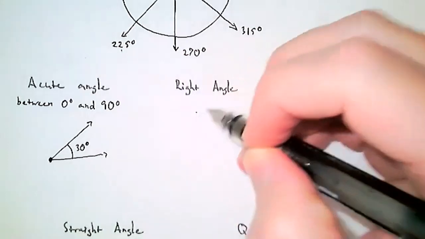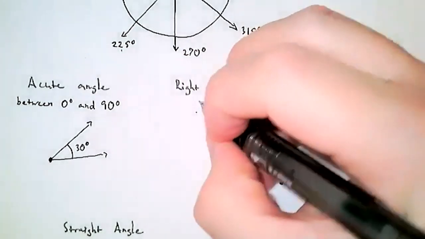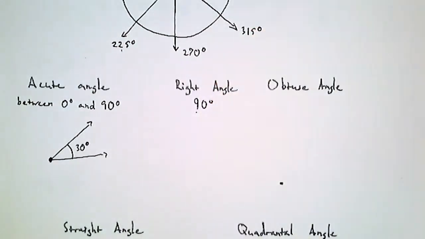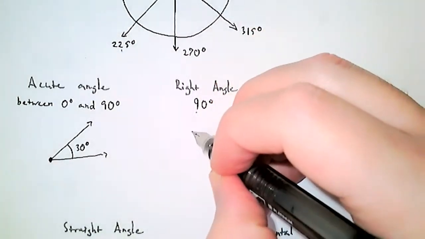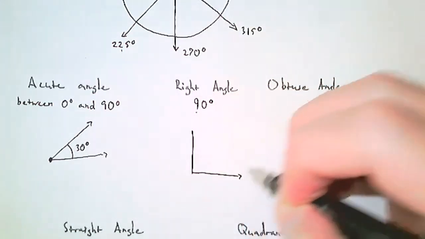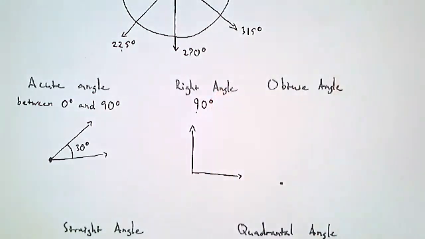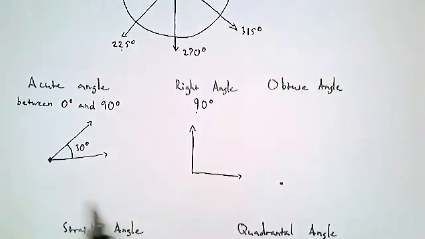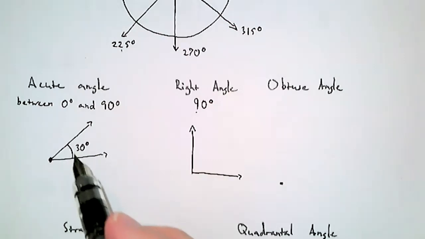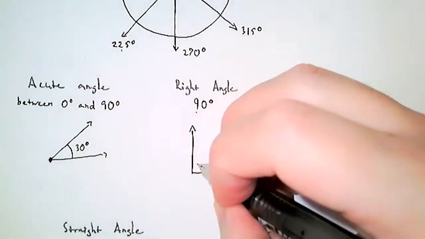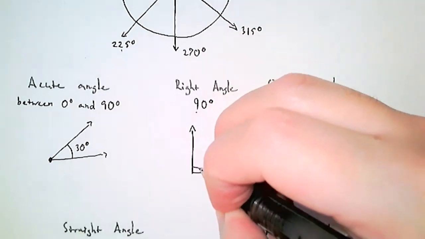A right angle is exactly 90 degrees. So these look like corners. And usually in geometry, when we talk about right angles, instead of putting an arc to represent the degree measure, we're going to put in a little box.